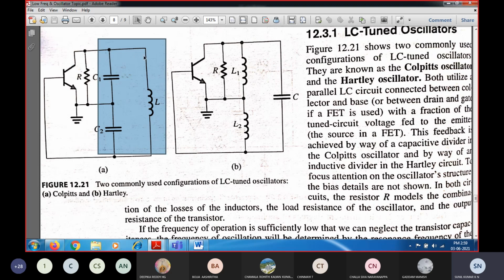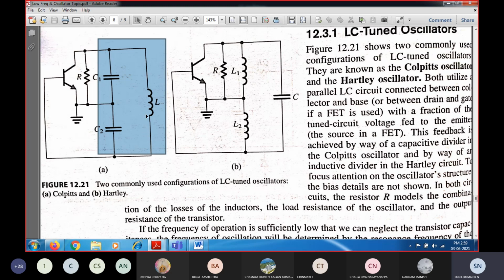When an inductor is connected in parallel to this capacitor, whatever charge is there is going to discharge through the resistance as well as the inductor path. It causes the current to flow, the electrons or holes move towards the inductor.